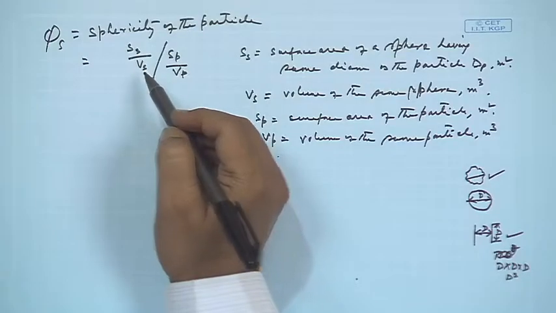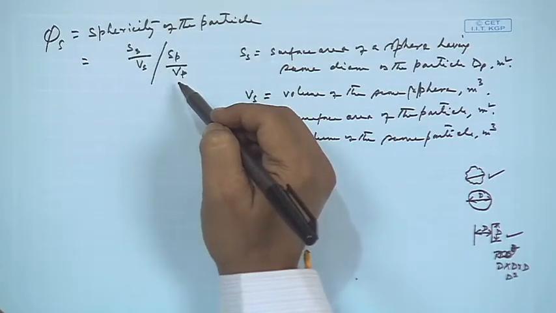So, to understand how close it is to the sphere, how we can define that particle closeness to the sphere, that is the sphericity, right? So that is why sphericity is defined as Ss by Vs over Sp by Vp.